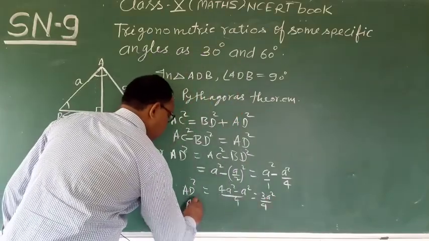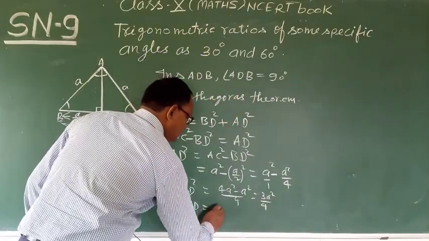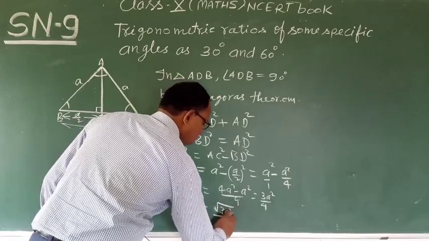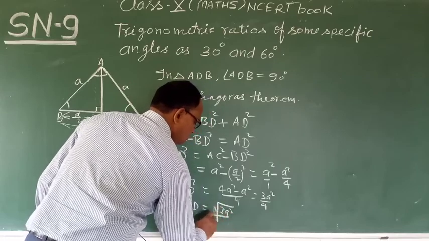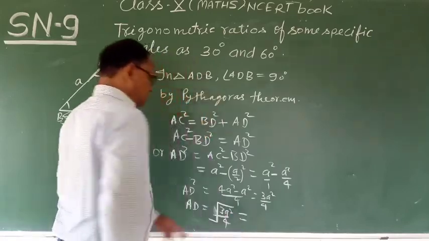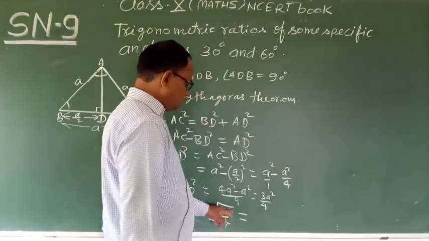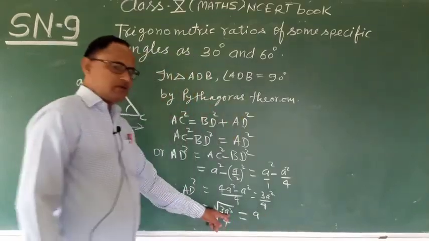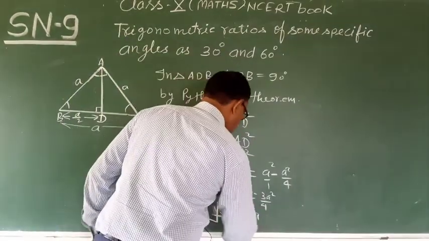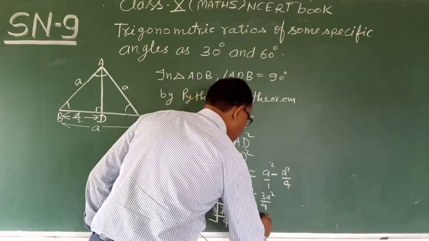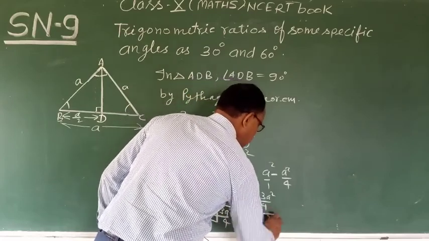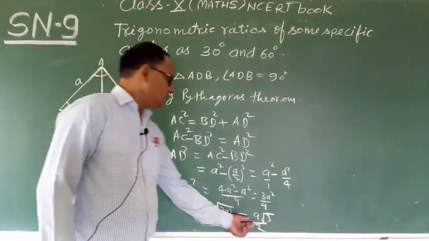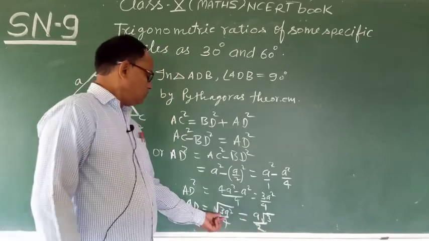Here AD is equal to the root of 3a square by root 4. Then a square cancels with the root, and we can write a outside, a root 3 by 2. We get a root 3 by 2, we solve it.